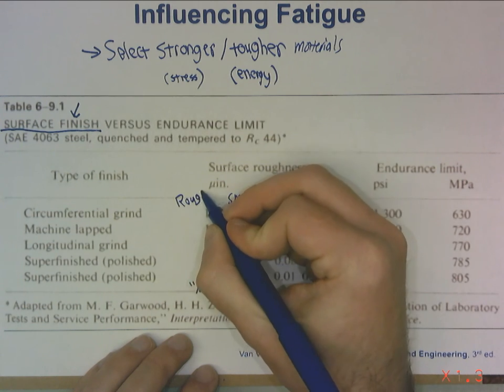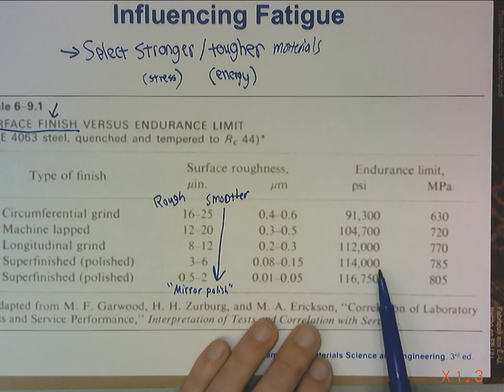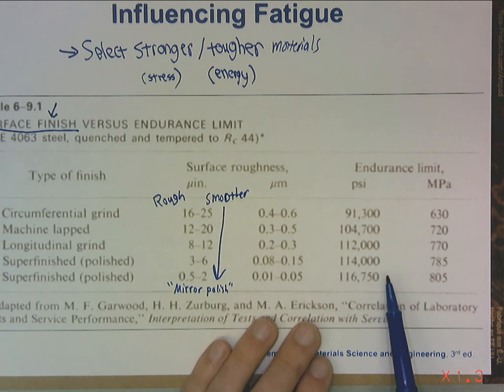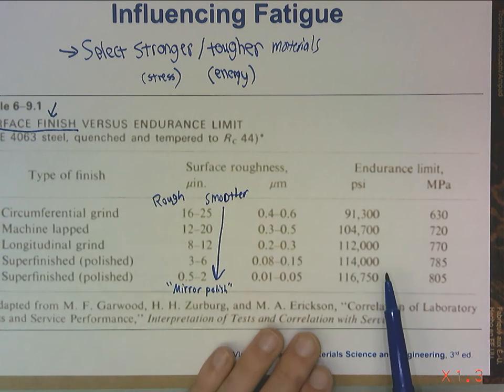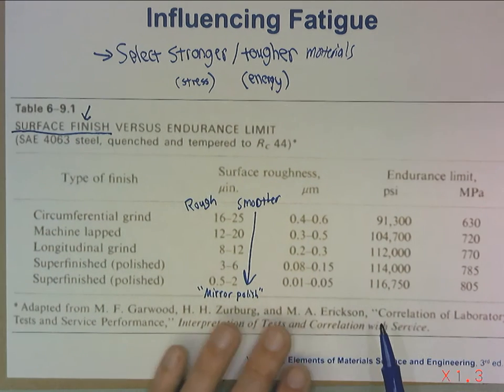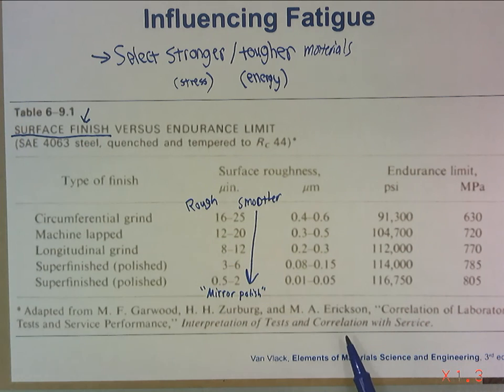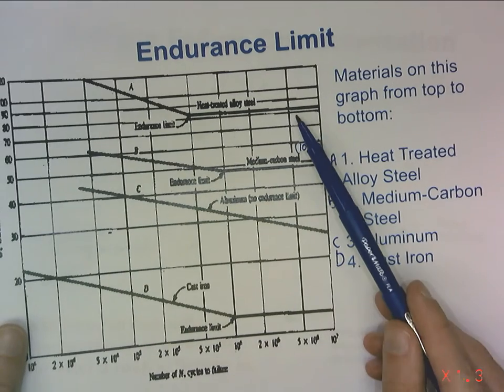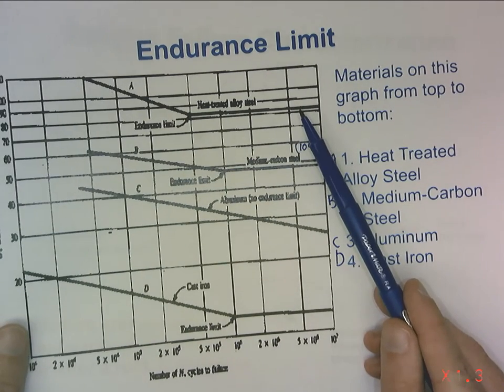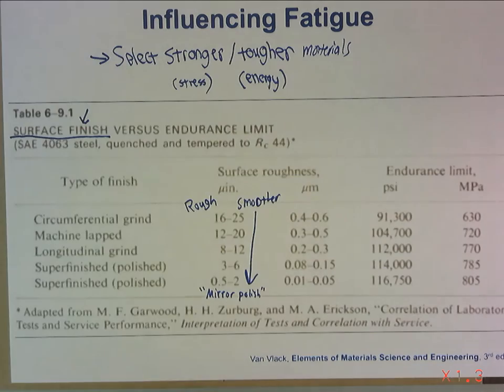This is going to be rough up here. Notice we get a significant increase in our endurance limit. It's not like huge leaps and bounds, but this is significant. Otherwise, we go back to having to select a stronger but possibly more expensive material to get a better endurance limit.